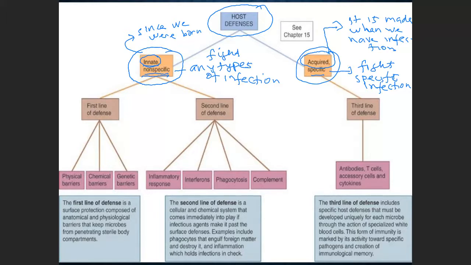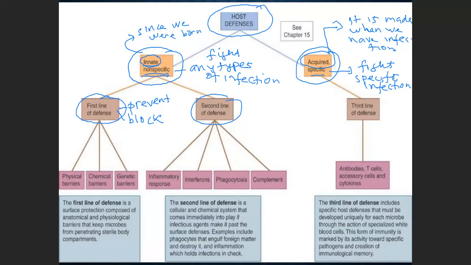Now the non-specific defense mechanism can be divided into the first line of defense and the second line of defense. The first line is mostly used for prevention, for blocking the entrance of disease or infection.